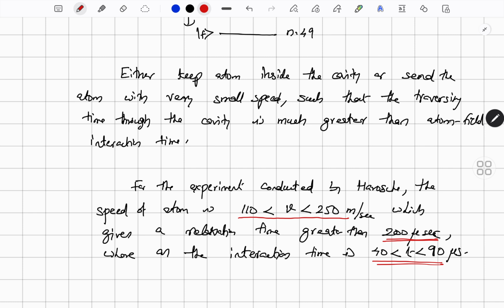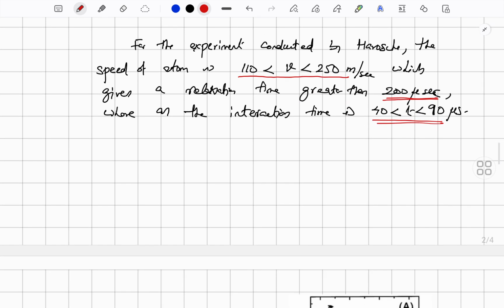So obviously the interaction time is much lower than the relaxation time, which means the atom can interact with the field while it is traversing through the cavity. So this is the experimental setup used by Serge Haroche, and they have studied how the state of the atom changes when the atoms traverse through this cavity.